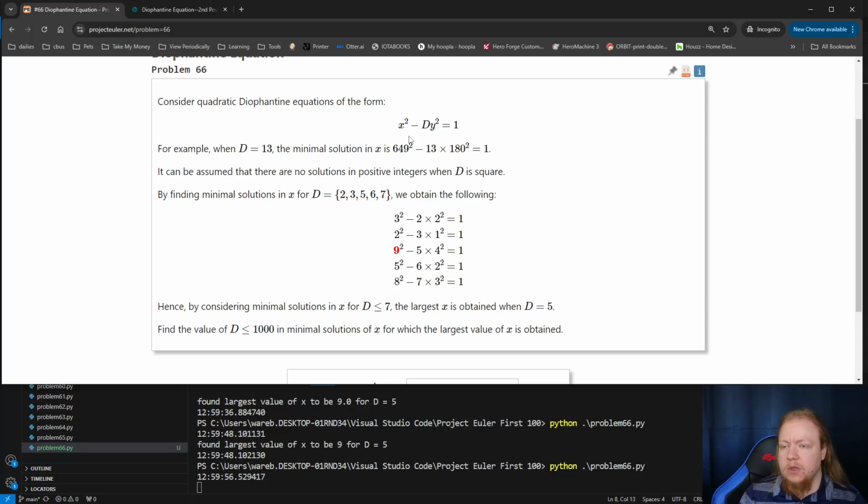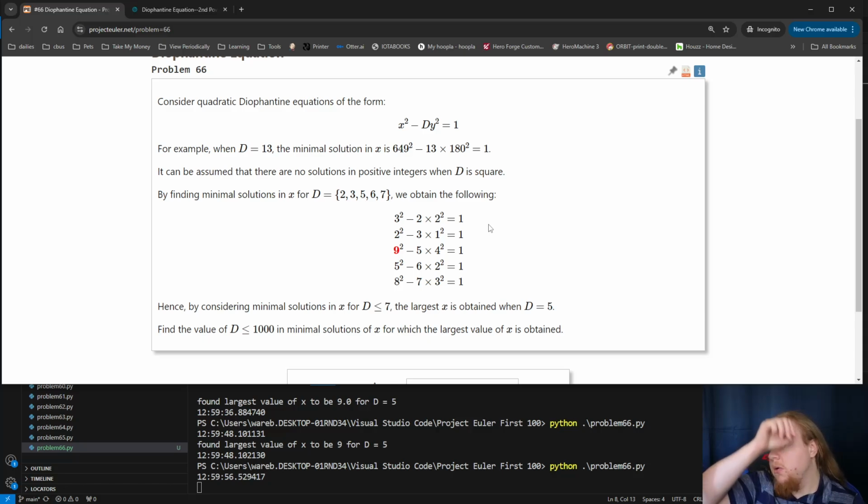Okay, so if we have D, let's think about it for D equal to 2. We have x squared minus 2y squared is equal to 1.